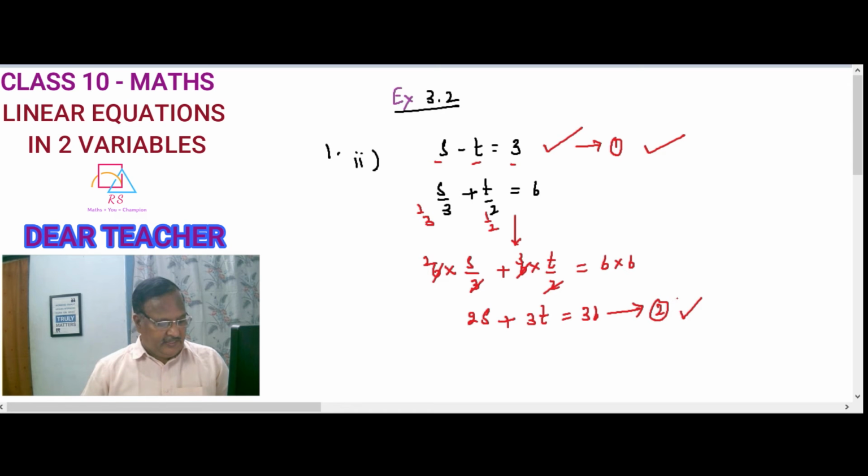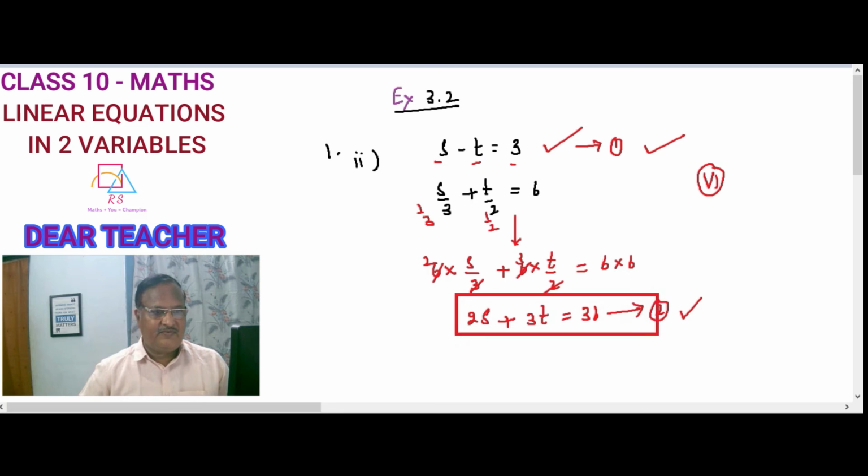In the same way, the sixth bit also has fractions. You try to write it in the standard form, and it will be easy for you. If you are very good at fractions, you can do it directly, but I advise you to do this.